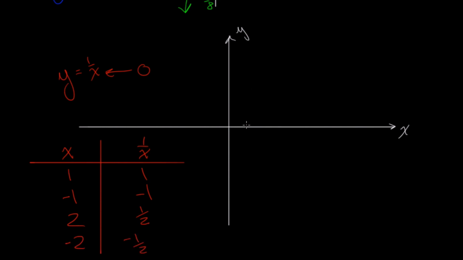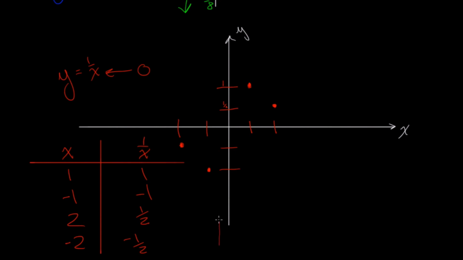So the points are 1, 1; 2, 1 half; negative 1, negative 1; and negative 2, negative 1 half. Let's make that 1 half, so the increments aren't halves.